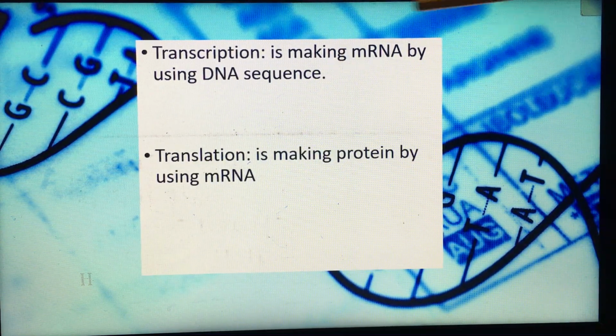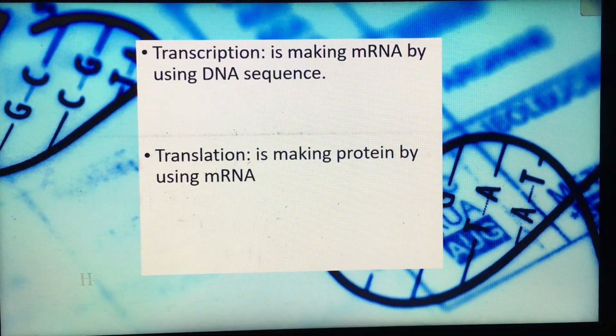Okay, all of that happened in transcription. Instead of AT, we will use AU because we are out of the nucleus.